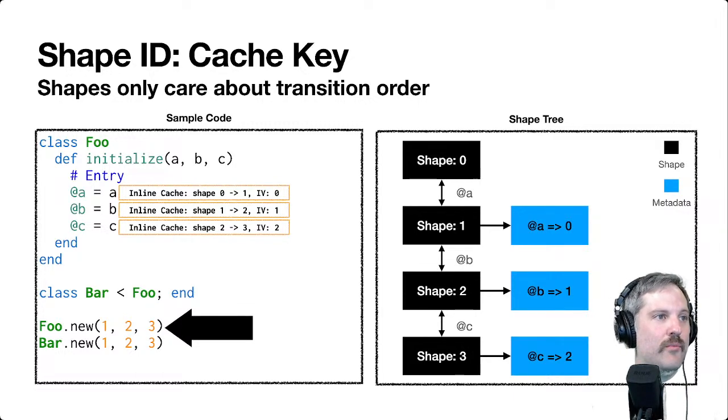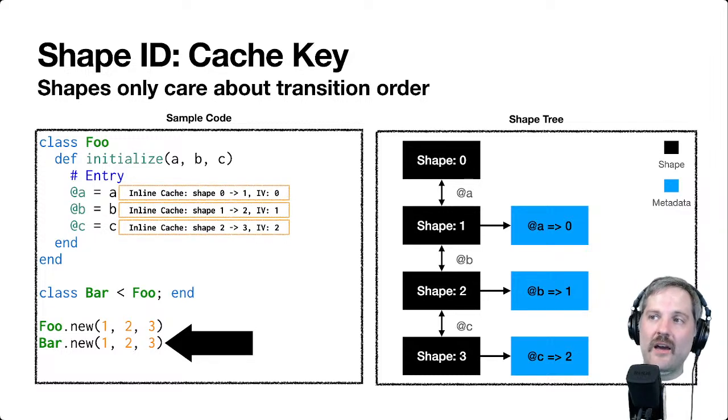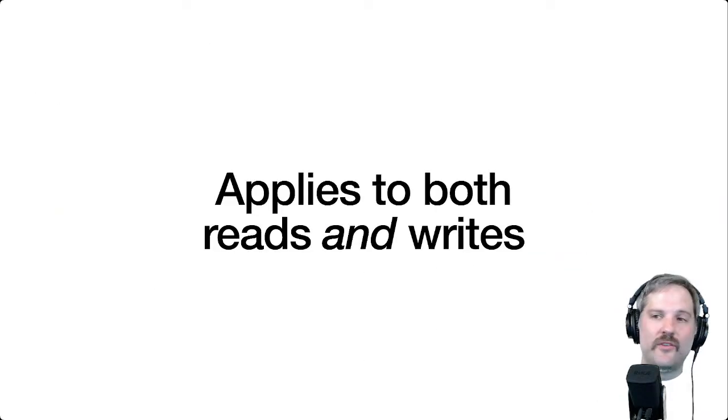And then when we execute bar, we hit on all of these caches because we don't really care about the class at all. So what's cool about this is it applies to both reads and writes. So shapes are able to hit on reads and writes where the current implementation cannot.